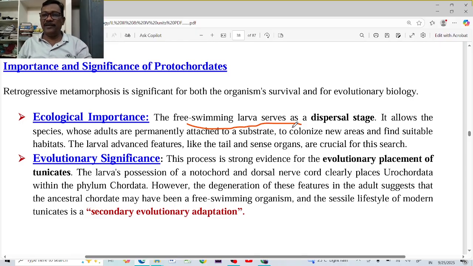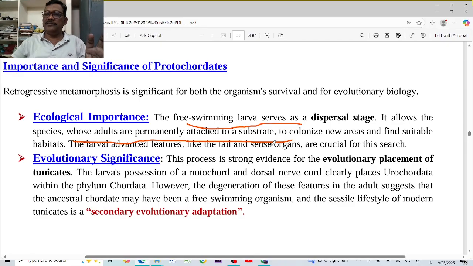The adult organism cannot move, but the larva can roam throughout the different ecosystems. This allows the adult organism to be permanently attached to a substratum in different ecosystems. There the adult organism can be settled.